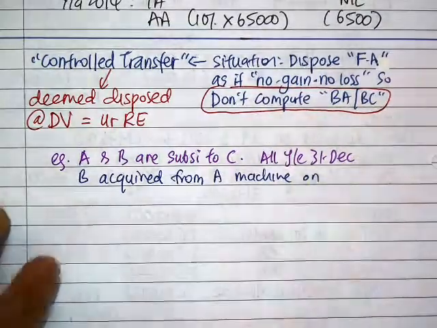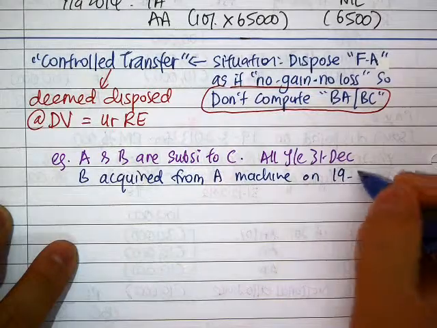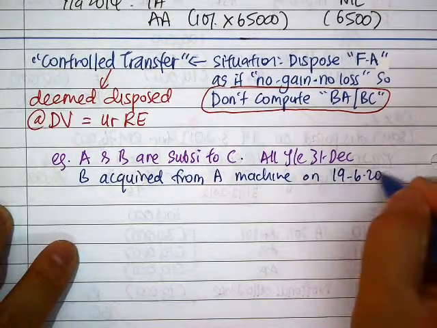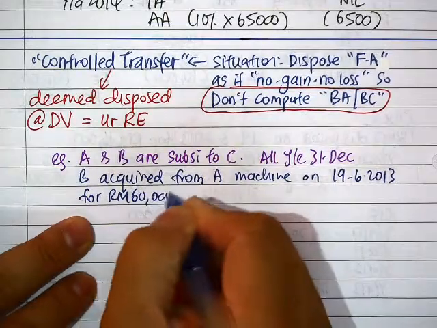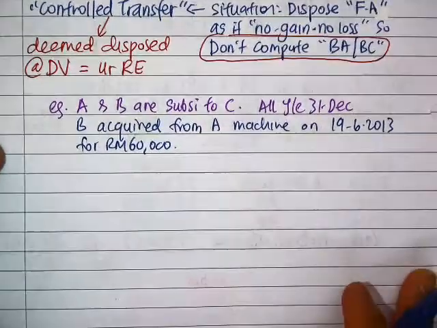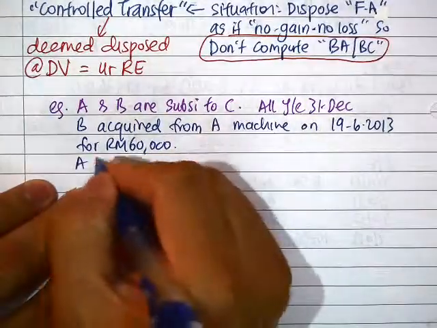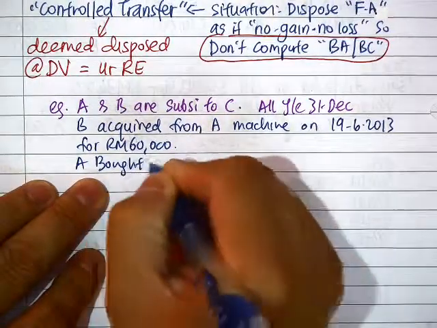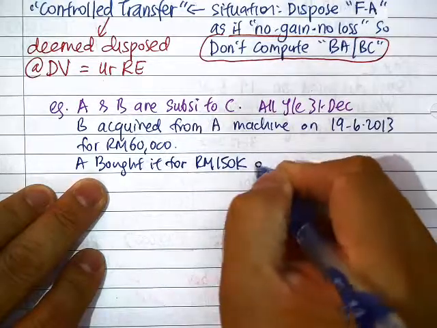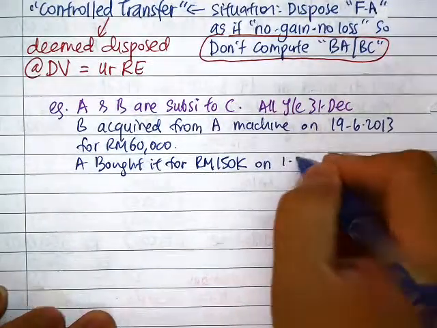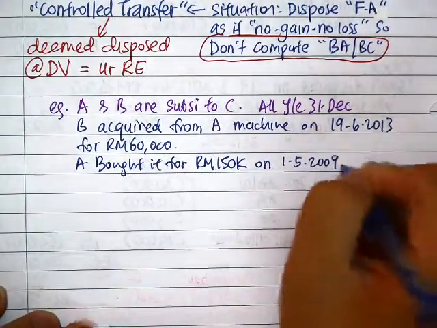a machine on, let's say, 19th of June 2013 for 60,000. Now A bought it for 150 on 1st of May 2009.